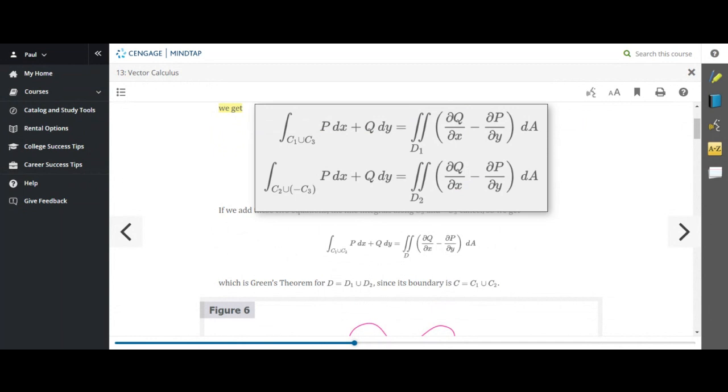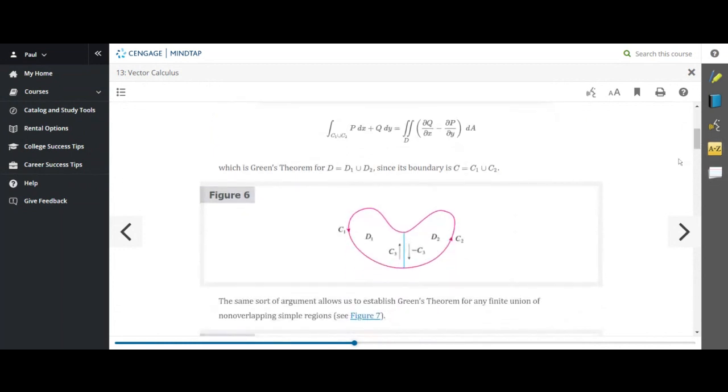But if we go back to the figure, figure 6, if you wanted the line integral over the union of the curves C1 and C2, that would be that entire red path.